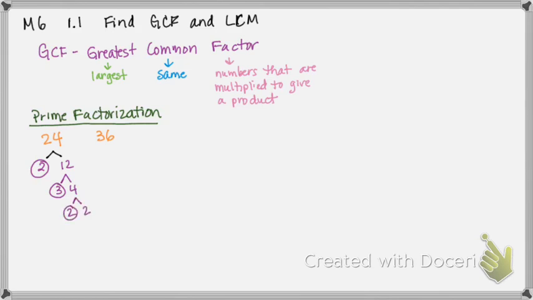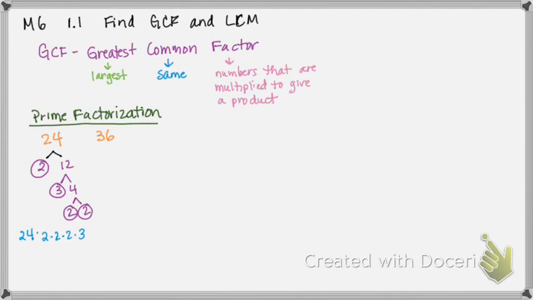And what I do is every time I hit a prime number, I circle it up. Once all I have at the ends of my branches are circled numbers, then I can say, oh, I know what this value is. I have its prime numbers. So what I'm going to do is take 24, and it's the same as 2 times 2 times 2 times 3. And I put the numbers in order from least to greatest.